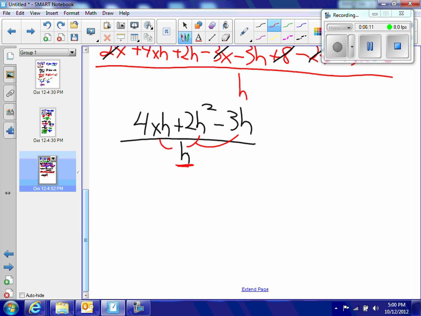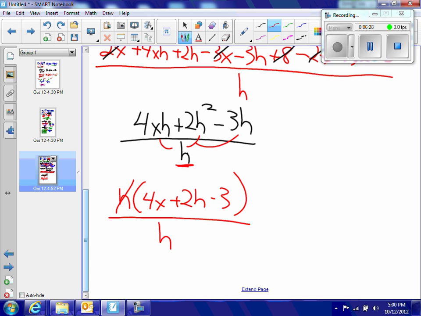I would do that by factoring the numerator: h times 4x plus 2h minus 3, all over h. I have an h that I can cancel out now because I have a product.